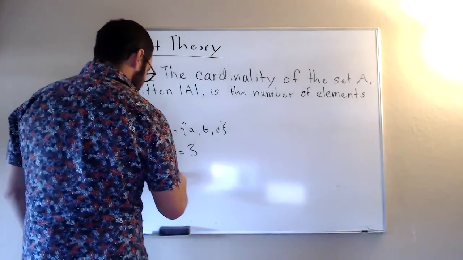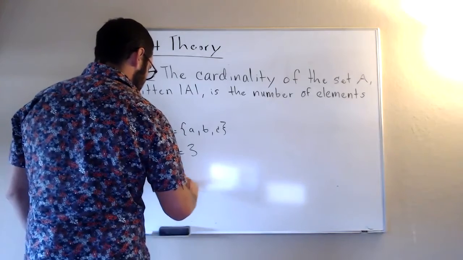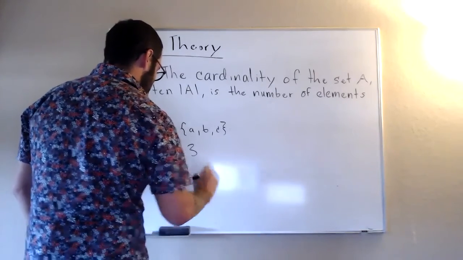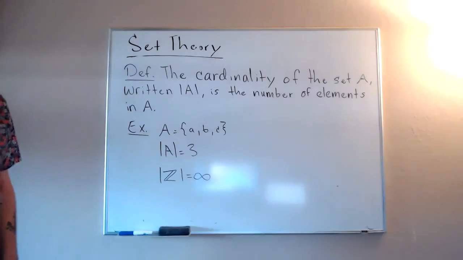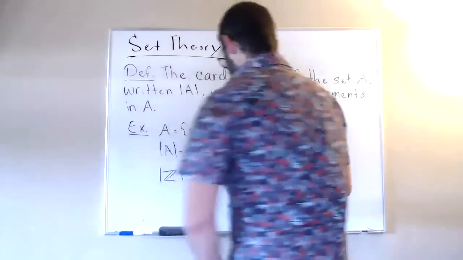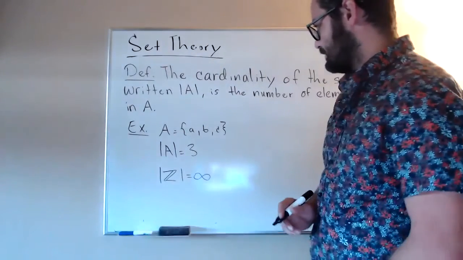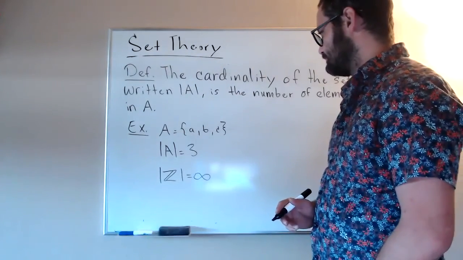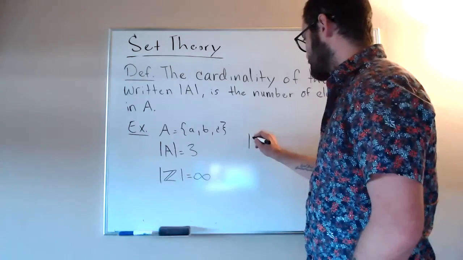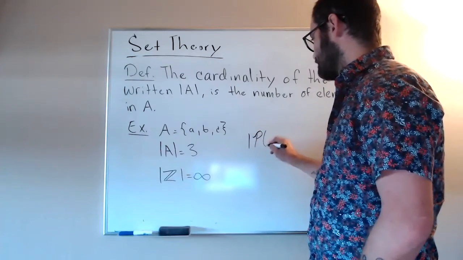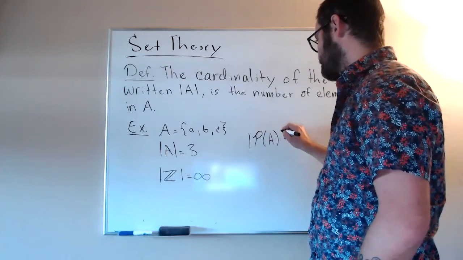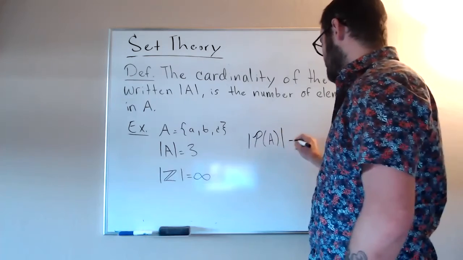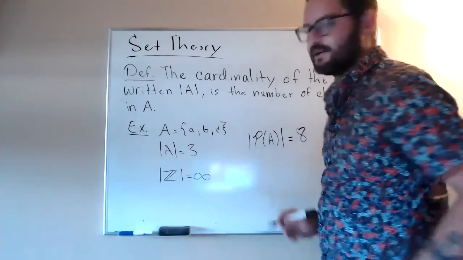But you can also have infinite sets, like the integers, which has infinite cardinality. And then the cardinality of the power set of A here is going to be 8, right?